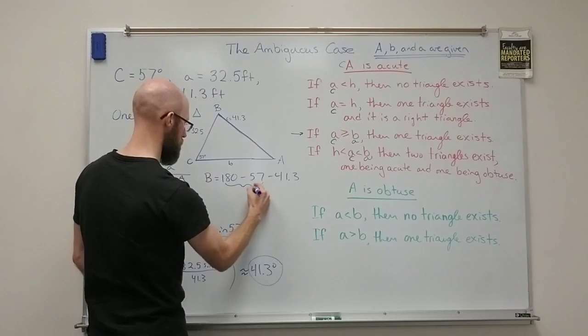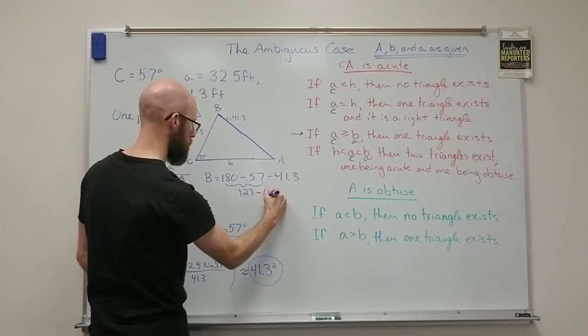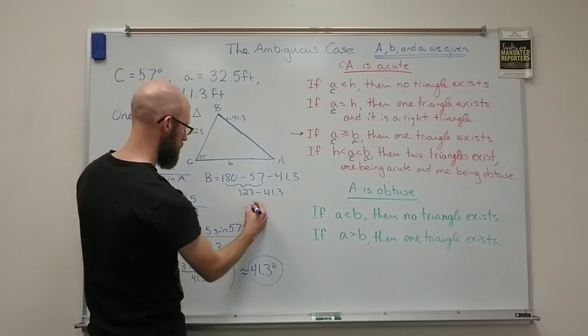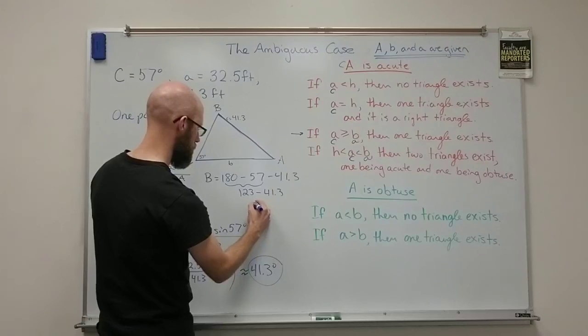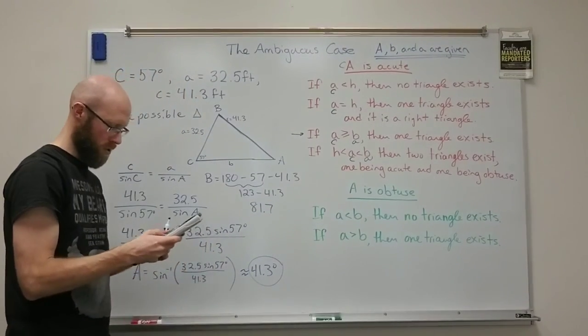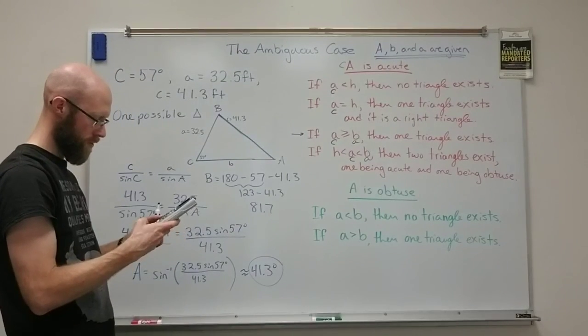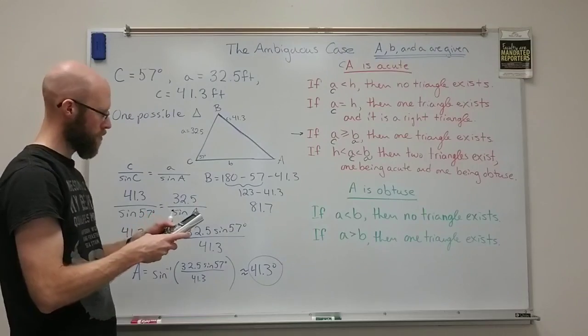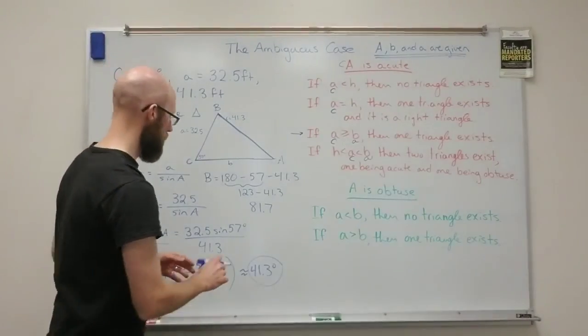So it'll be 123 minus 41.3. That'd be 81.7. I think. Let's double check. Make sure. 180 minus 57 minus 41.3. 81.7. There it is. So that's my angle B.